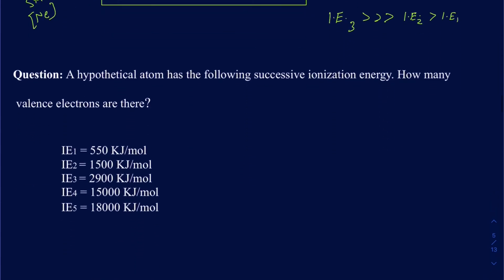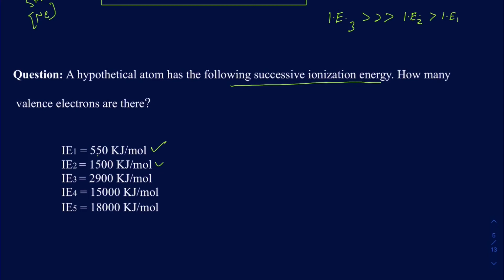Suppose I have this hypothetical element that has the successive ionization energies given, and we need to figure out how many valence electrons it has. The first ionization energy is 550 kilojoules per mole. The second one is 1500 kilojoules per mole. Makes sense, because as you're moving along, your ionization energies should increase.